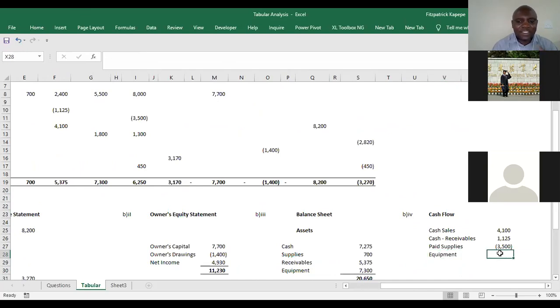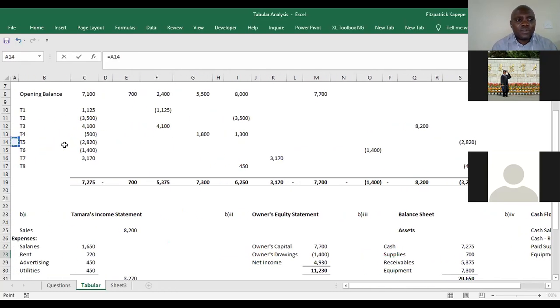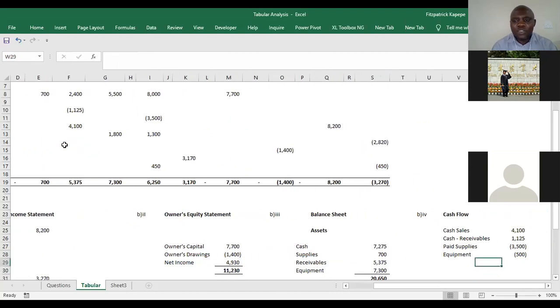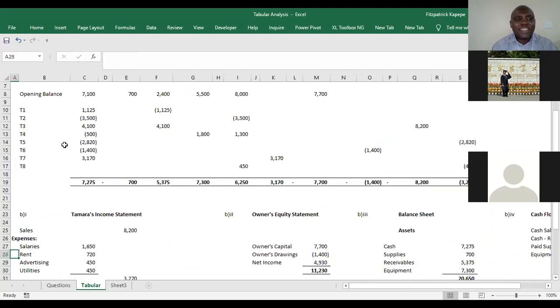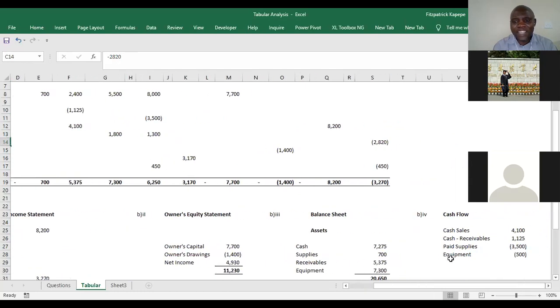So I'll show you the trick in the way you should master this. So I'll check it from here. The one that is guiding us is this whole thing here. So you are picking them from here, but you are listing them according to the activities that they were. So you had 1,125, you had 3,500, 4,100, which you have put, 500, which you have put. This 2,820, what was it? Wasn't it my expenses?